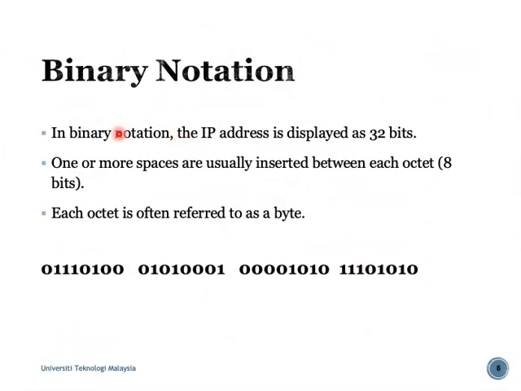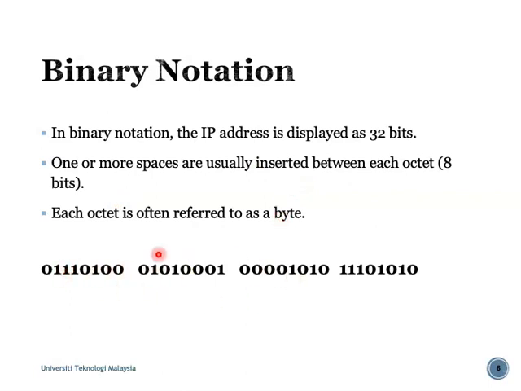Now the first one is binary notation. We know that the IP address has 32 bits. So for binary notation, it is displayed as 32 bits in terms of 0 or 1. To make it more readable, one or more spaces are usually inserted between each octet or 8 bits. Remember that we also refer to octet as byte.